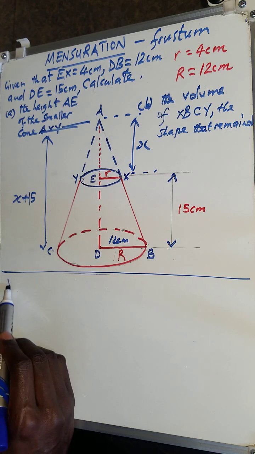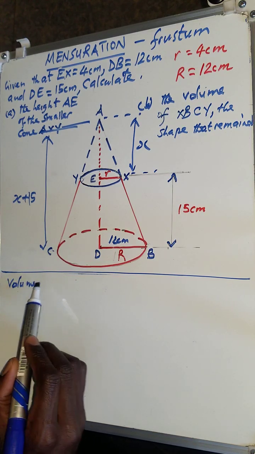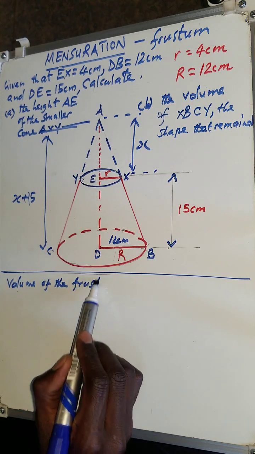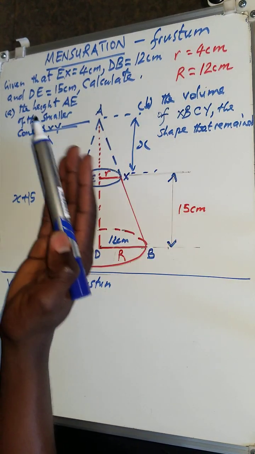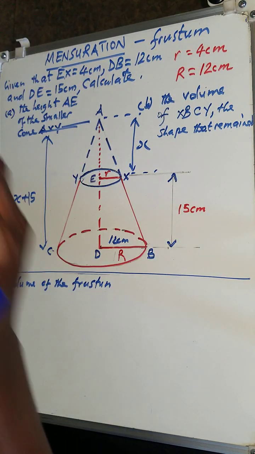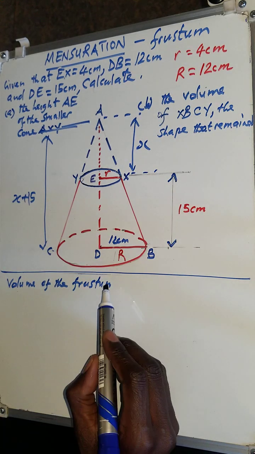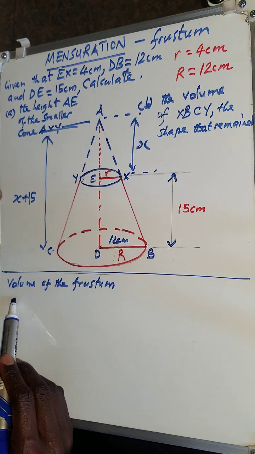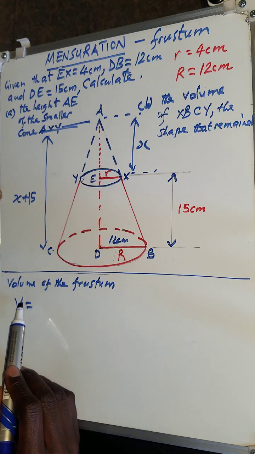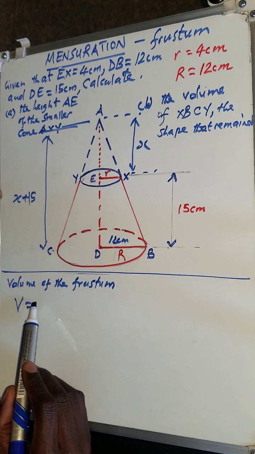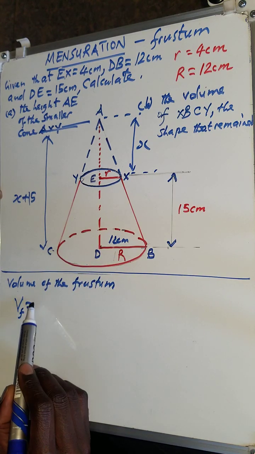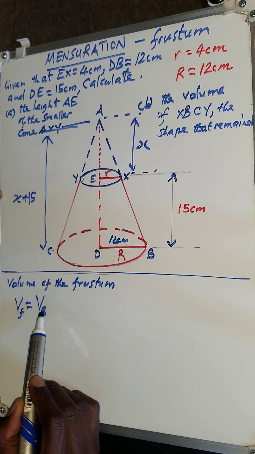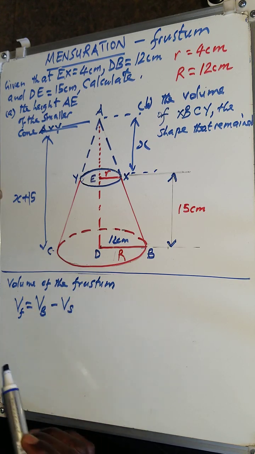So to find the volume of the frustum, as we call it, when this upper part of the cone, the smaller cone, is removed, what you are remaining with is what we call the frustum. So the volume of the frustum is equal to the volume of the bigger cone, VB, minus the volume of the smaller cone.